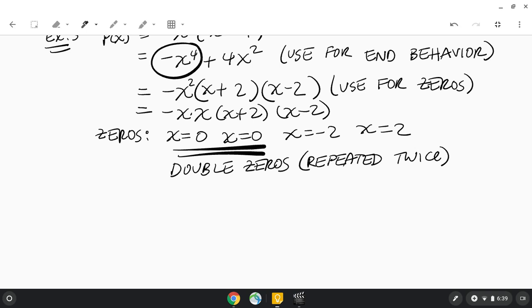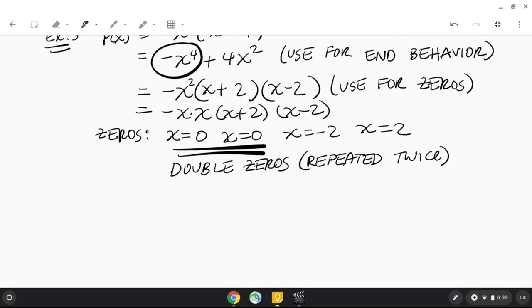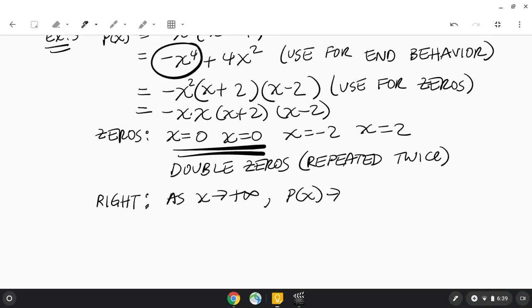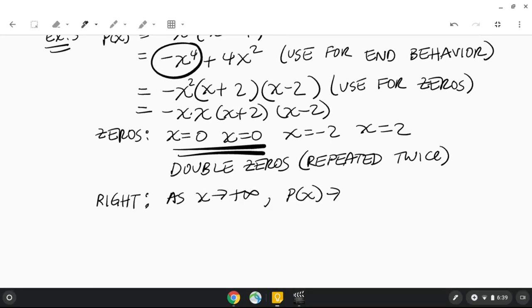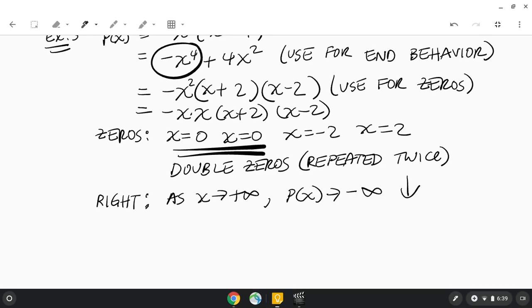Okay, let's get our end behavior. So our right-hand behavior, that's as x goes towards positive infinity. P of x goes towards, let's see, plugging in positive infinity, we end up with negative. So on the right-hand side, it will be going down.